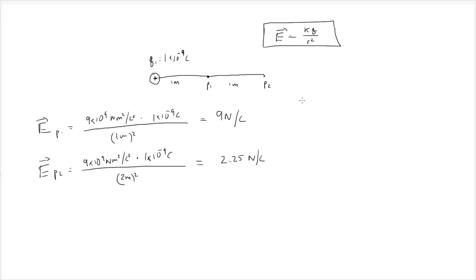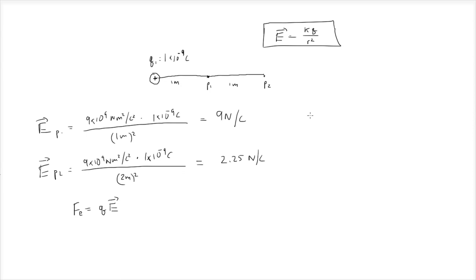And the other important thing to notice is that by knowing the electric field, you really do not know how strong the force is, right? To get the force, you've got to multiply the electric field by the charge that's placed there. And that's kind of what these units tell us too, right?